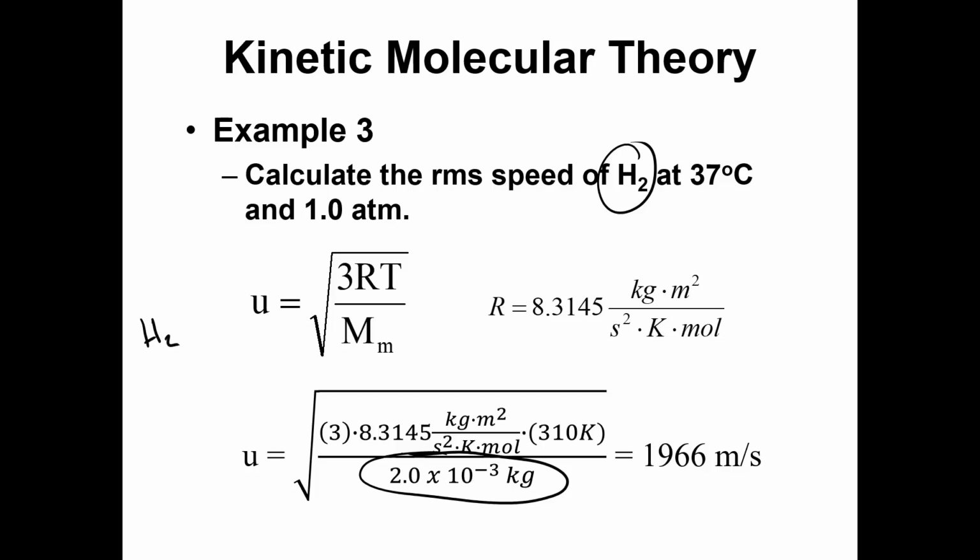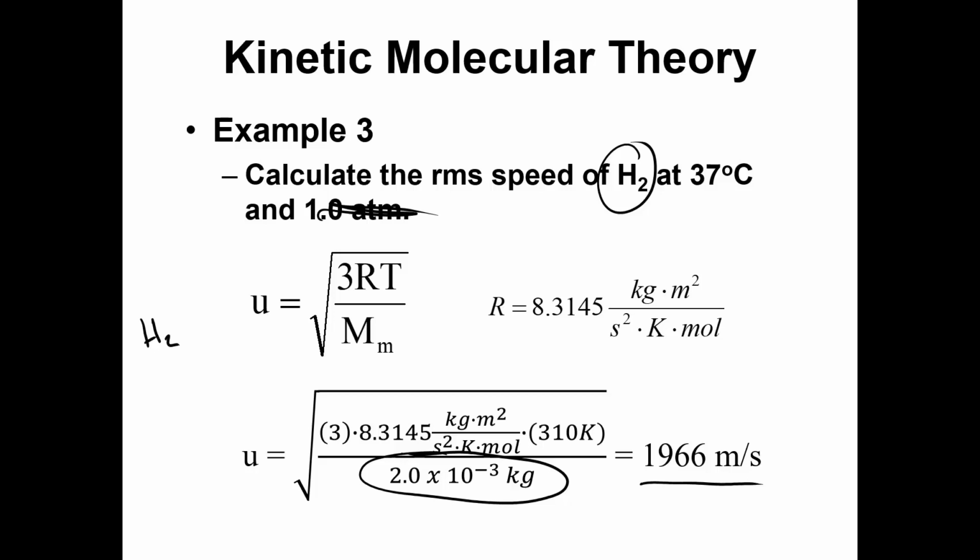The same goes for all of those gases, N2, O2 and chlorine, if I ask you to calculate those as well. And see how drastically the speed goes up, right? The speed went from 1390 to 1966, on the same conditions, same temperature, and same pressure. Okay, so that's that.